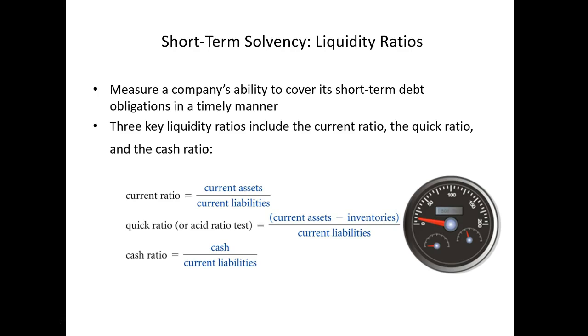In some instances, if they also feel the accounts receivable may not be of any value, because maybe the companies that owe the money may be going bankrupt, they will even take the accounts receivable out and use just cash. So typically, most companies will only use the current ratio, and then sometimes get into the quick ratio. It really depends on the purpose of the analysis, but most times it's the current ratio that is used.